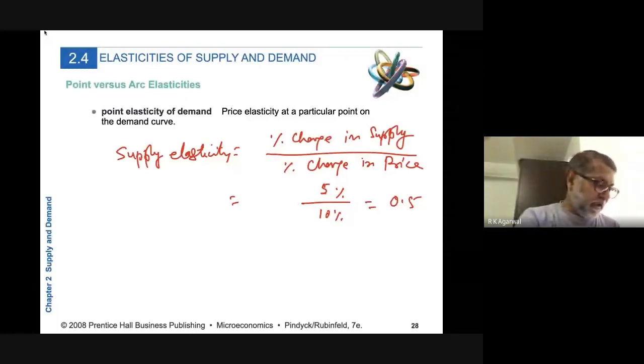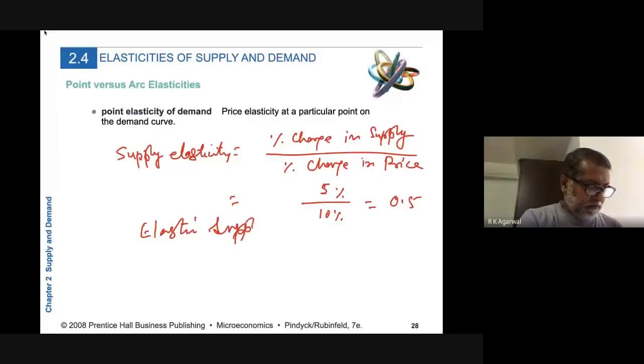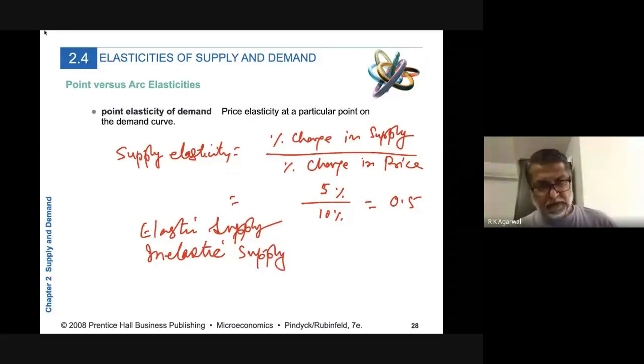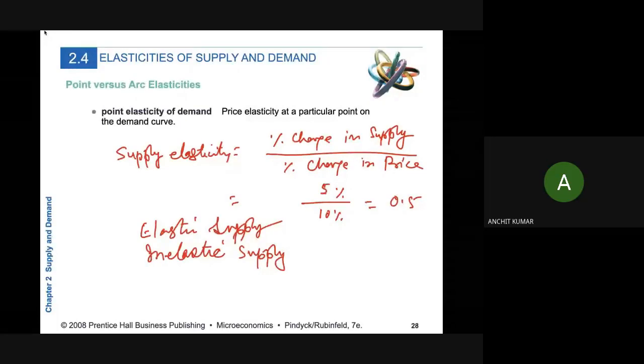So you can have relatively elastic supply, or relatively inelastic supply. So which situation will we treat as elastic supply and which inelastic supply? You can borrow the idea from elastic demand and inelastic demand. What is elastic supply? When the elasticity is greater than 1.